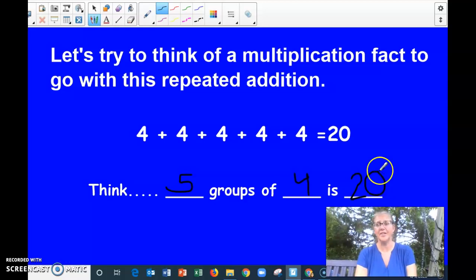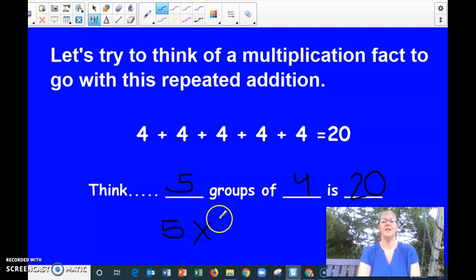Wait till you guys see me actually write on the smartboard. It's a little bit better than that. Okay. So if I'm thinking 5 groups of 4 is 20, then my multiplication fact for that would be 5 times 4 equals, I might have to get a stylus so you guys can read what I'm writing a little bit better.